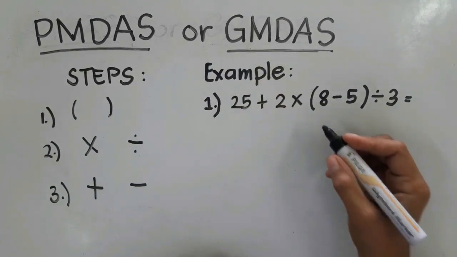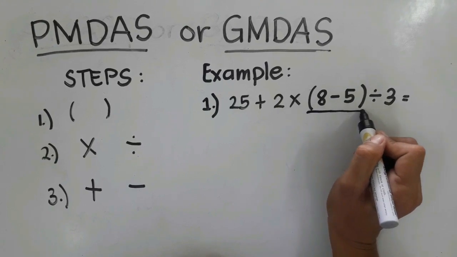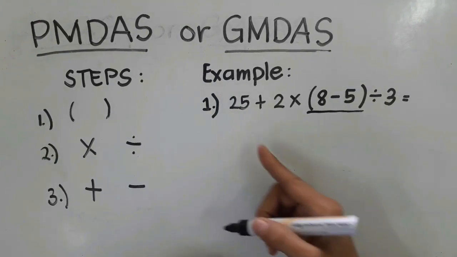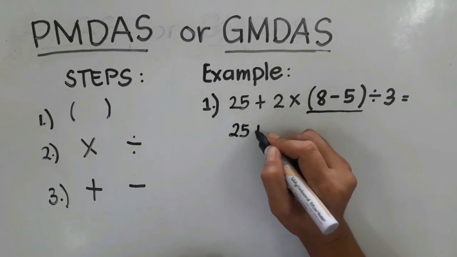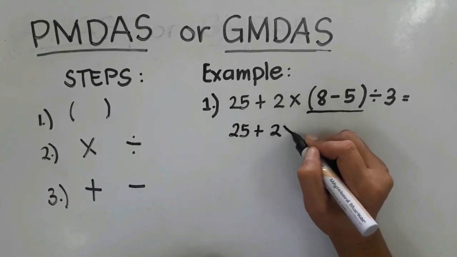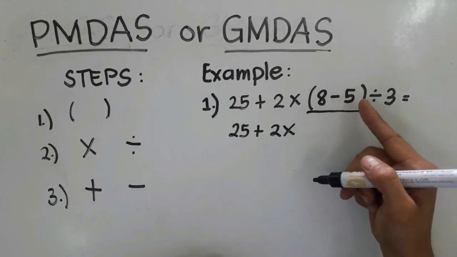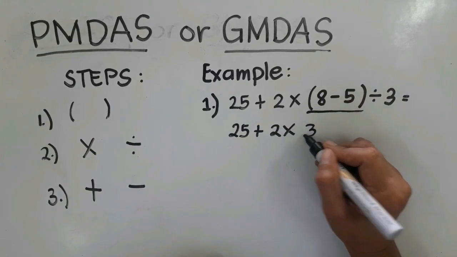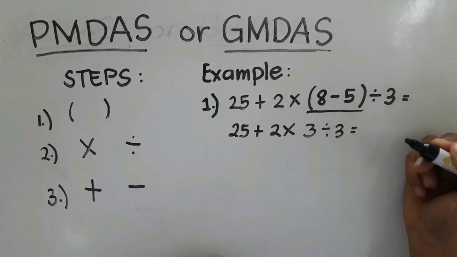So we will solve first this 8 minus 5. We will just copy the rest: 25 plus 2 times, you solve 8 minus 5. So that is 3. Then divided by 3.